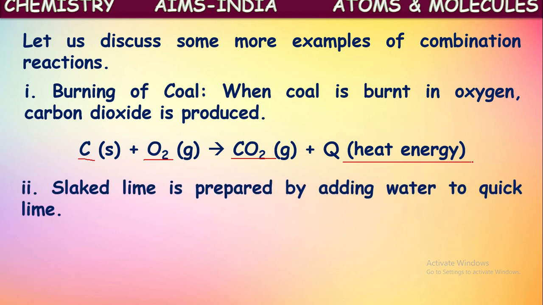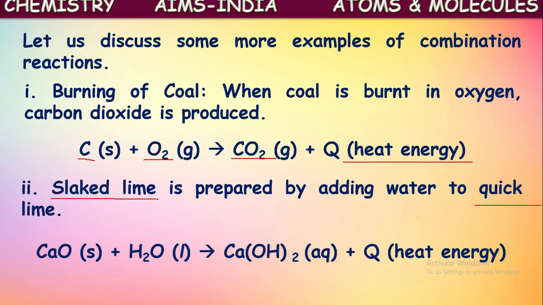One more example. Slaked lime is prepared by adding water to quicklime. Here quicklime means calcium oxide. So if calcium oxide is added to water, it forms calcium hydroxide, which is called lime water or slaked lime. This is the equation related to that. When calcium oxide combines with water, it forms calcium hydroxide as the product.